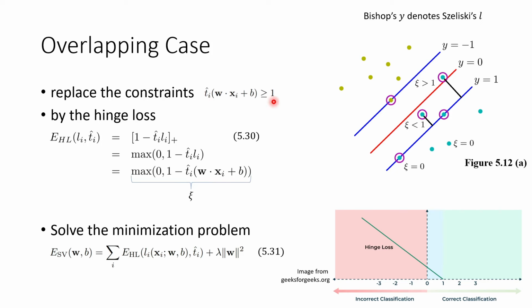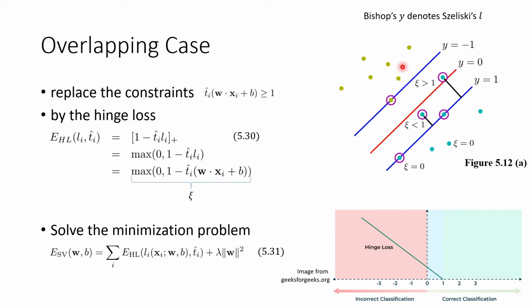So this constraint is replaced by the hinge loss. What is hinge loss? The shape of the hinge loss looks like this. For the value greater than 1, the loss value is 0. And if the value is less than 1, it will increase accordingly.